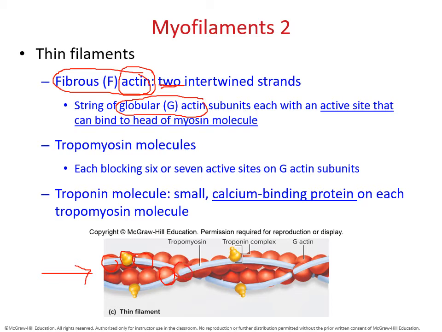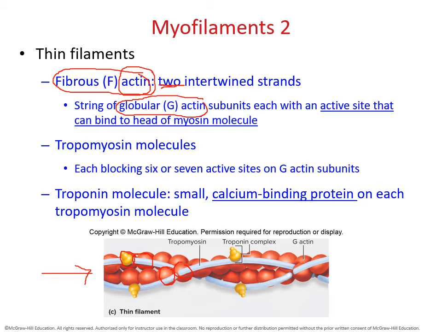They are individually referred to as a globular actin subunit. Globular just means that it's circular. And when we string them together, we almost make a pearl necklace. That strand, that necklace, is then going to be called fibrous actin. So the entire strand of the globular actins will make up fibrous actin.